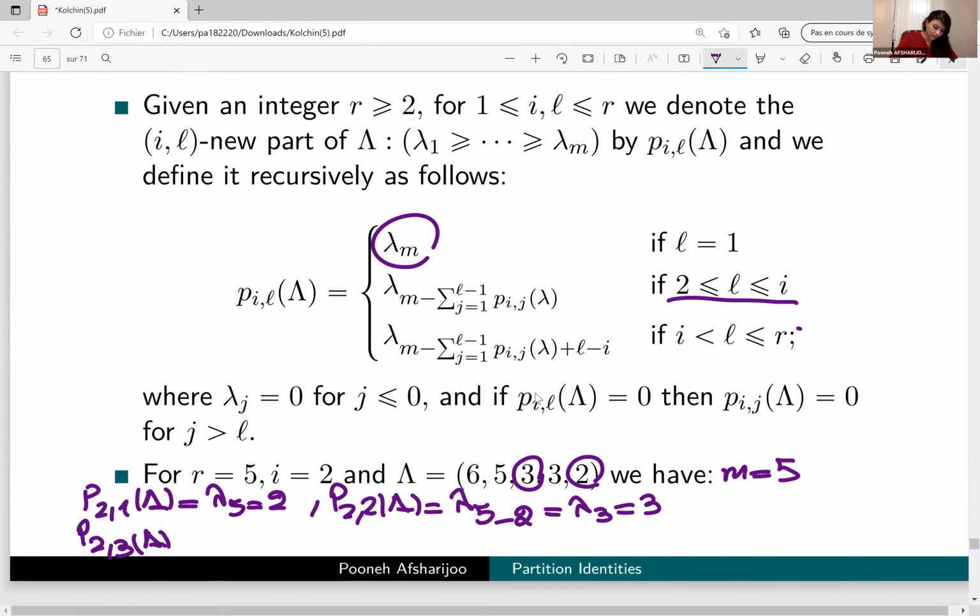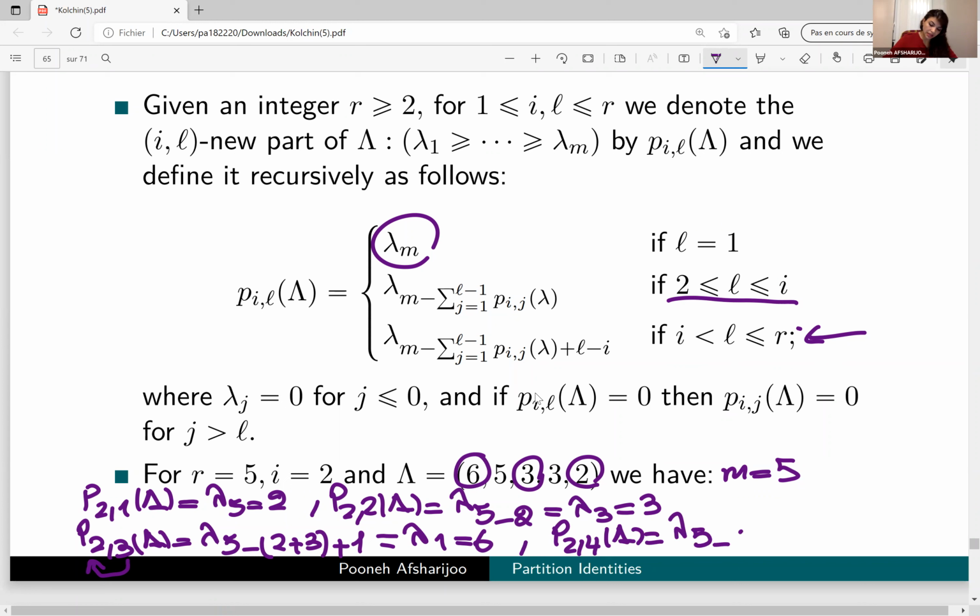P23 of lambda, now we passed here, it's lambda 5 minus the previous new parts plus 3 minus 2. It is equal to lambda 1. It is equal to 6. The next one is lambda m minus the previous new parts plus 4 minus 2. It is a negative number, so we will take it equal to 0, and then the next new part also will be equal to 0.